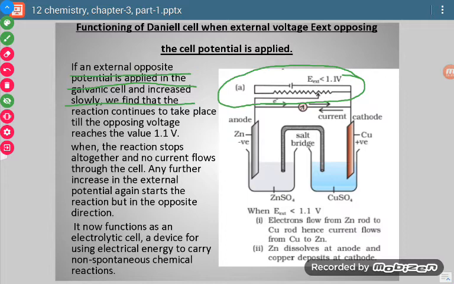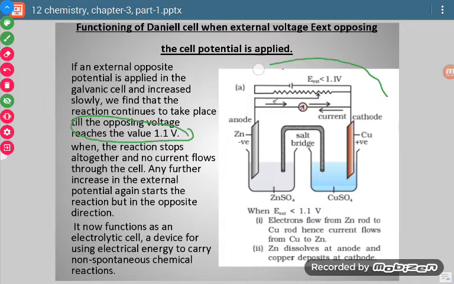First of all, when we are increasing external potential slowly, then whatever reaction was going on in this cell, whatever half cell reactions were going on, they will keep continuing, means they will keep on as it is till the external voltage reaches the value 1.1 volt. 1.1 volt is EMF of this cell. Okay. So what is EMF? That will come in this session itself.